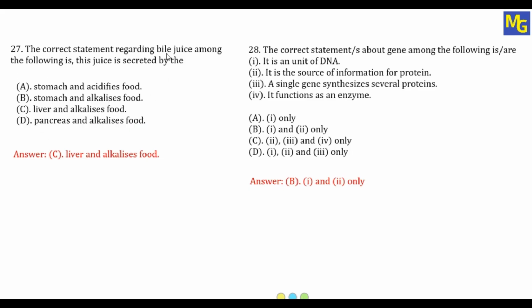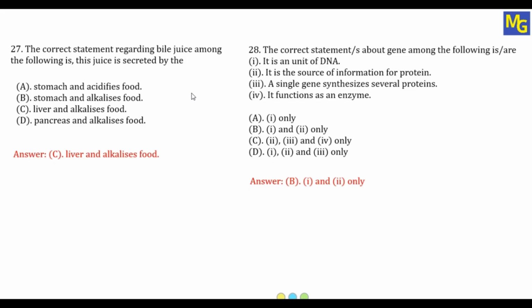Now, as we know, once the food enters the mouth, juices are secreted one by one, and these juices have enzymes. These enzymes help to digest the food step by step. Once it enters the mouth, salivary amylase is secreted by the salivary gland, and this amylase helps to digest starch.